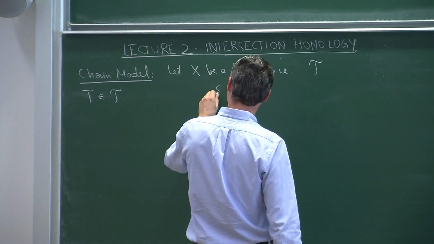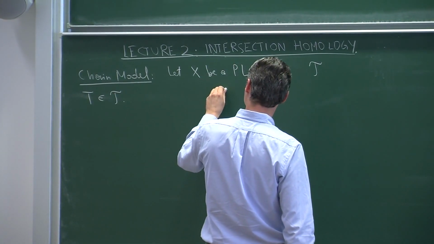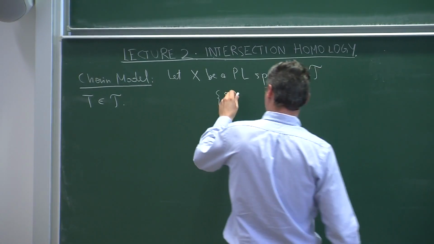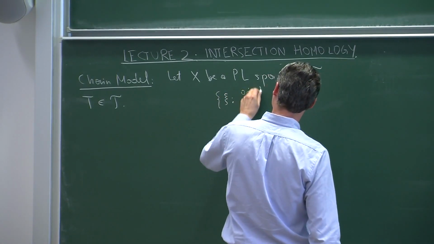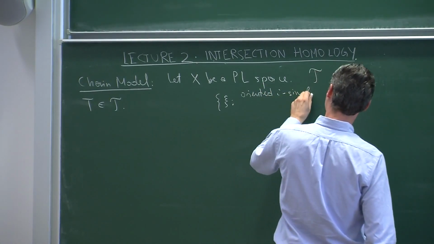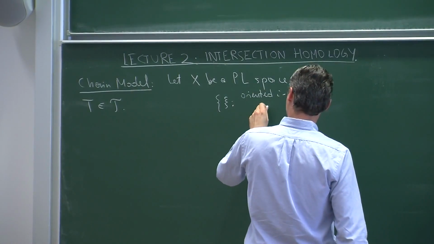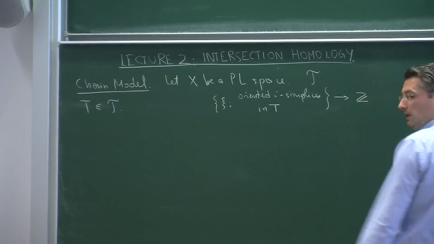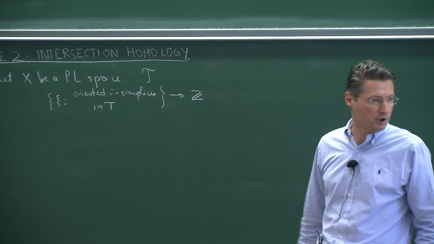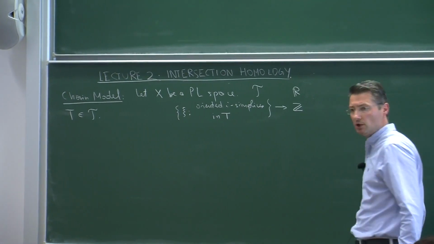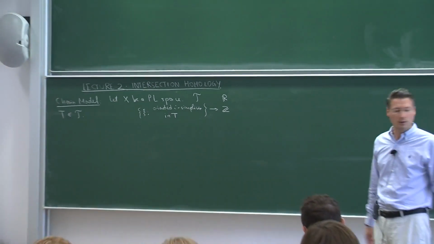Then I can look at functions, say Xi, from oriented i-dimensional simplices in T to the integers or any other coefficient group that you like. So we might also consider later, especially, the real numbers, for example.